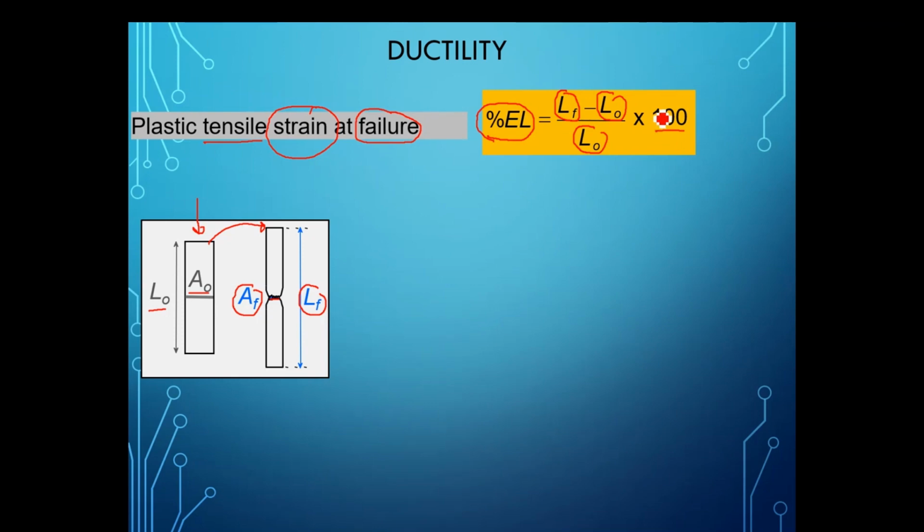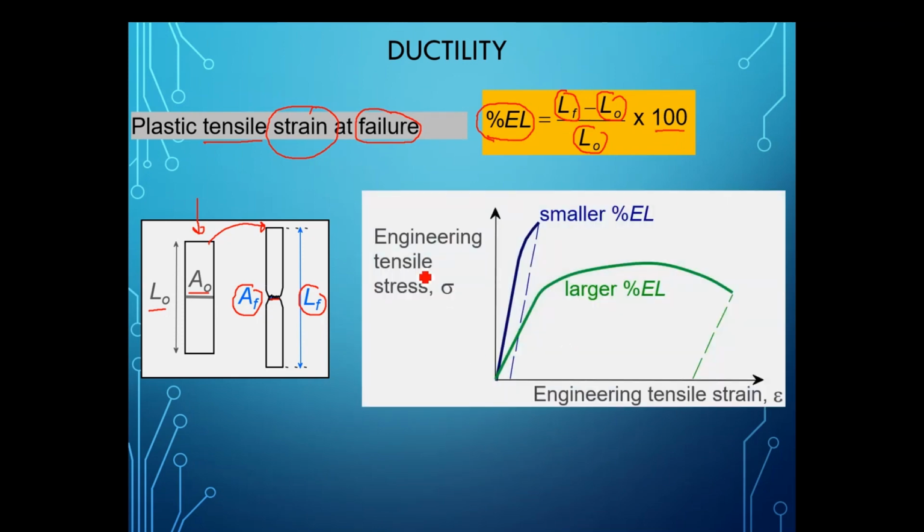And if you look at the tensile stress strain plot, engineering tensile stress versus engineering tensile strain, you see that if you have lesser strain up till the fracture point, you would have smaller percentage elongation. Similarly, if you have a larger strain up to the fracture point, you would have a larger percentage elongation, provided your maximum stresses are comparable. All right.